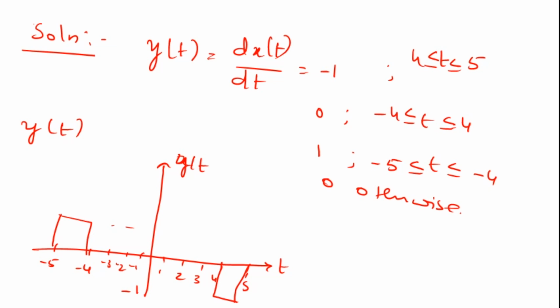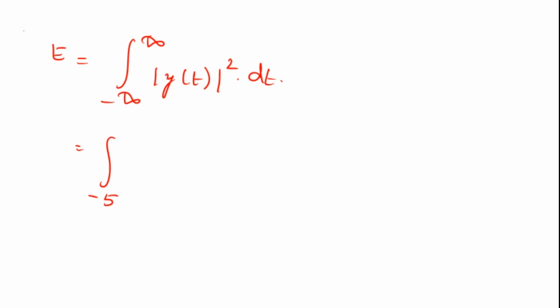This is plus 1. Then energy E is equal to integration minus infinity to infinity mod of y of t whole square into dt, which is equal to integration minus 5 to minus 4 dt plus integration 4 to 5 dt. The energy of the signal will be 2.